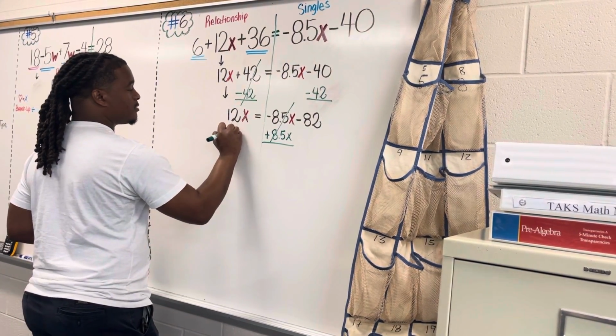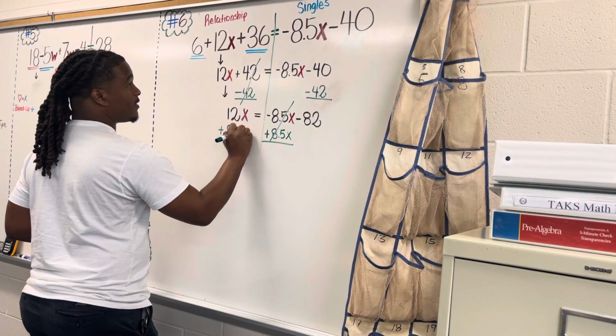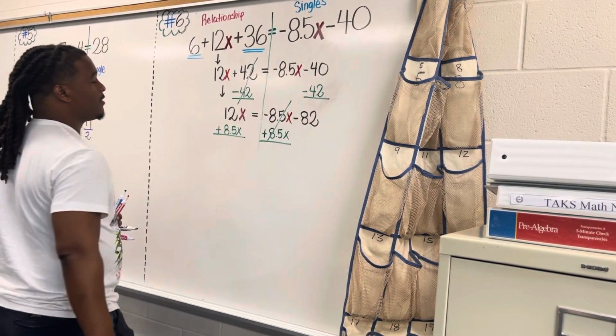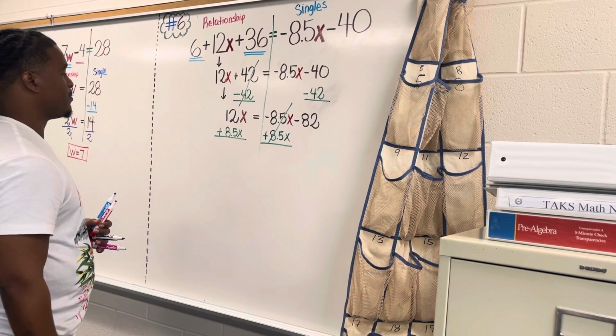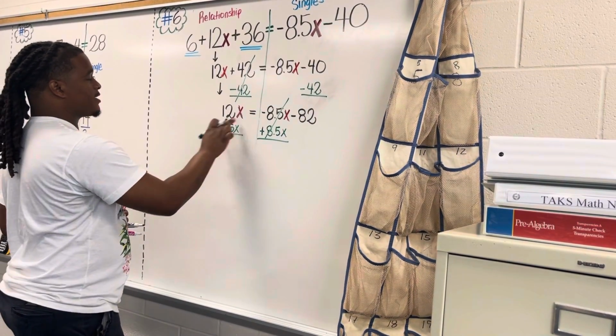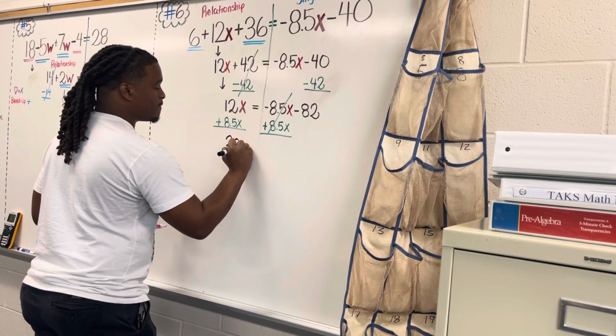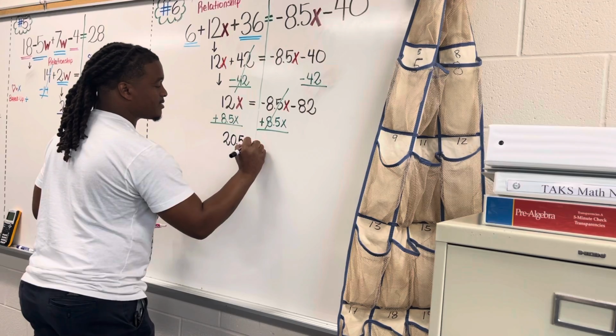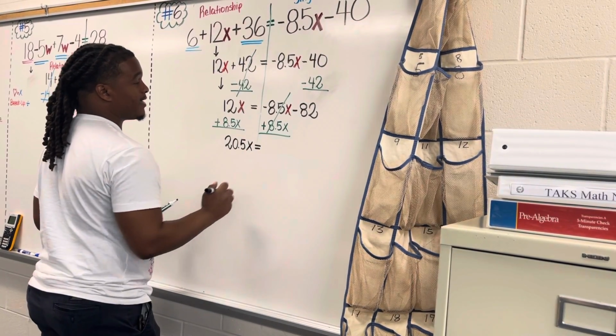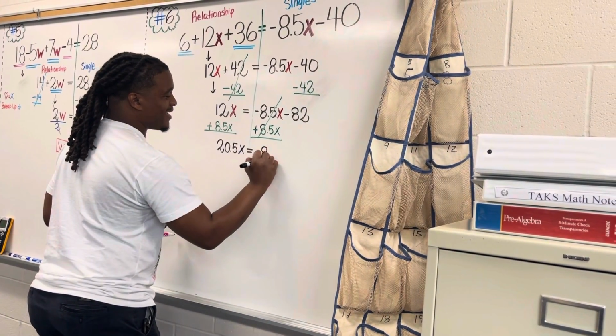Now, since I have a plus 8.5x, 12x plus 8.5x is 20.5x. So now I have 20.5x equals negative 82.